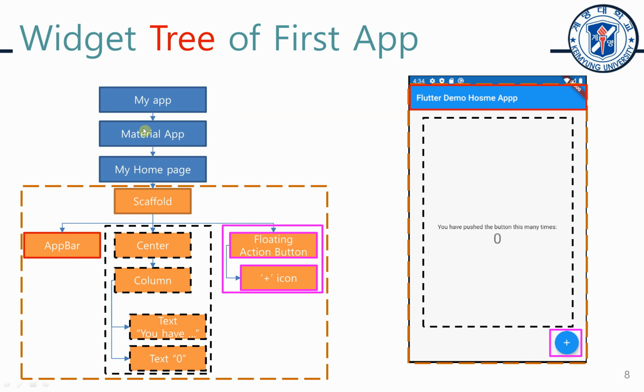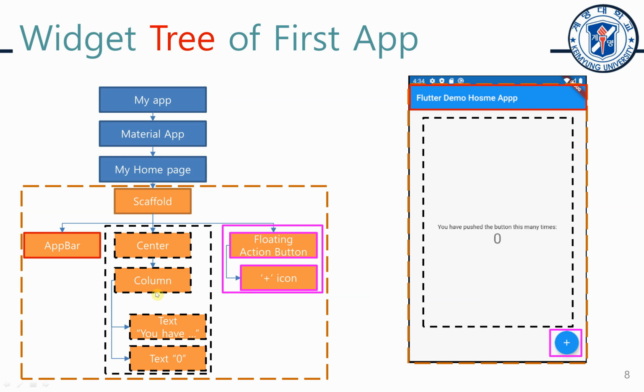Your app comes after MyHomePage, and you can see that the whole thing is defined inside MyHomePage, starting from here to here. And then I have 3 trees in our counter app.